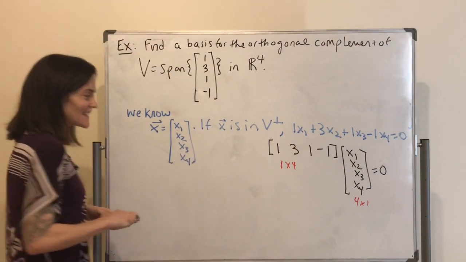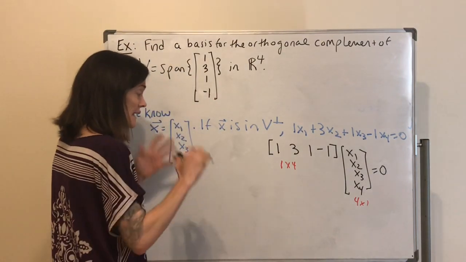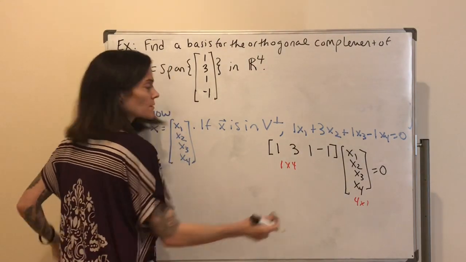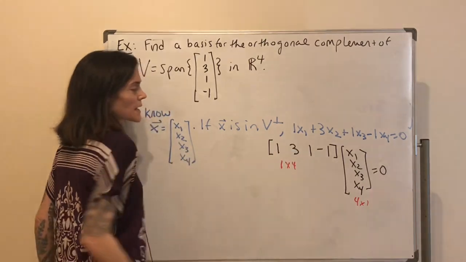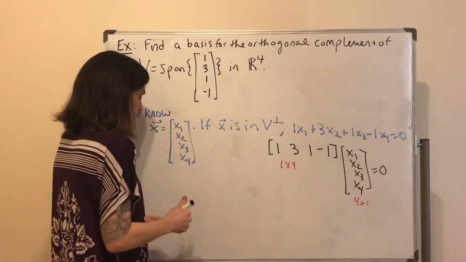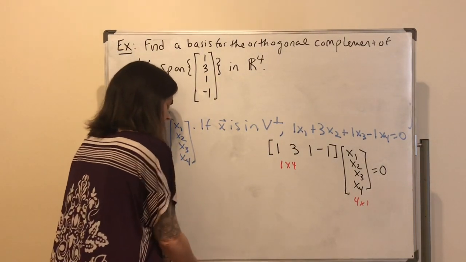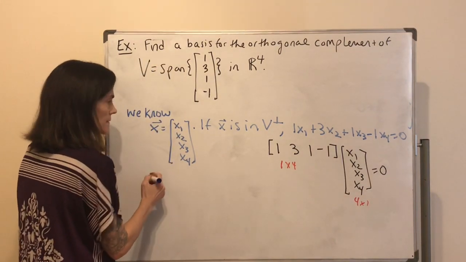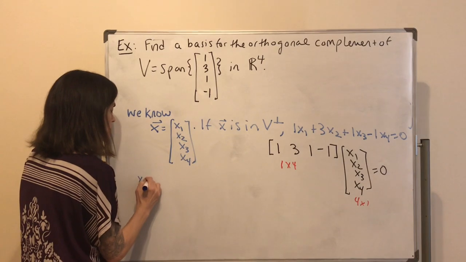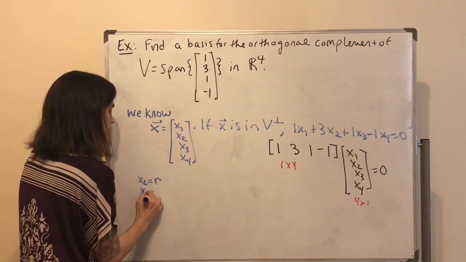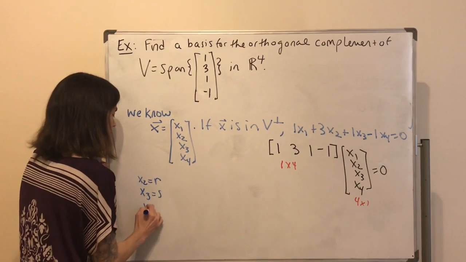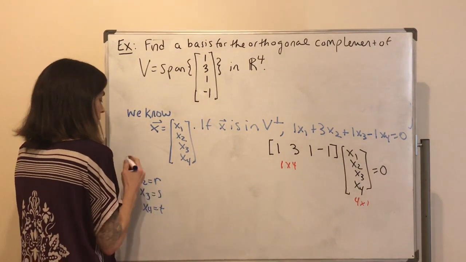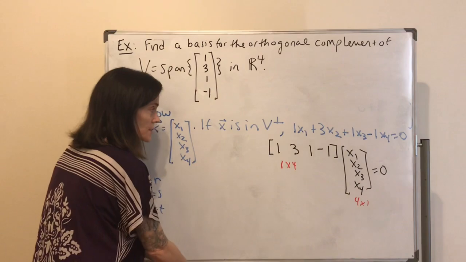Now, if we think about this as a matrix and we think about finding its kernel, we have 1, 2, 3 free variables. So maybe I'll do this here. Say x2 is r, x3 is s, x4 is t. And then I know x1 must be, well, here's the equation.